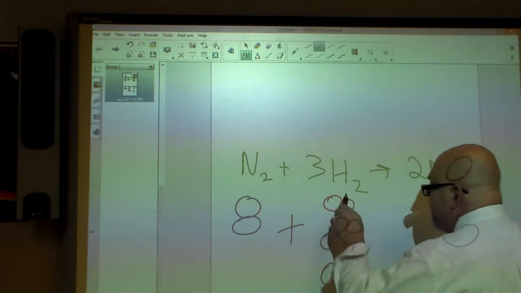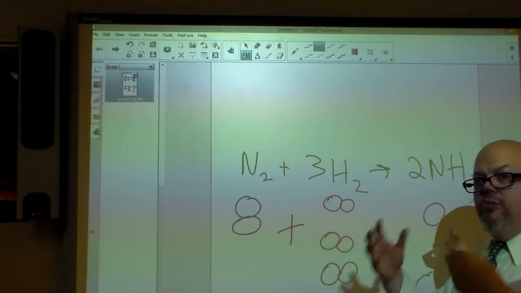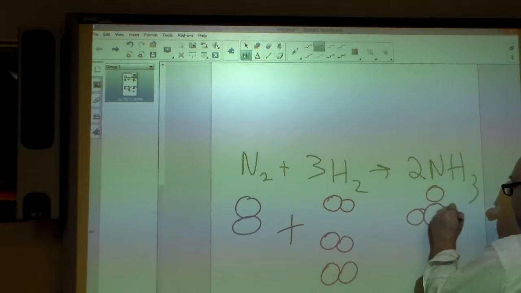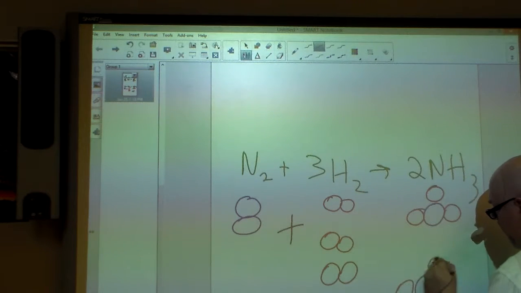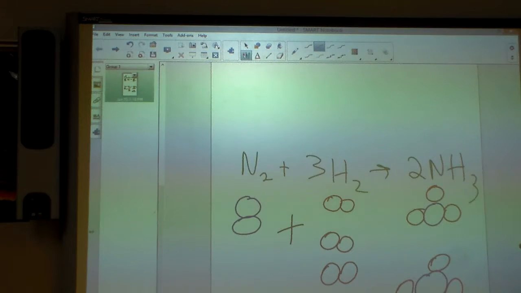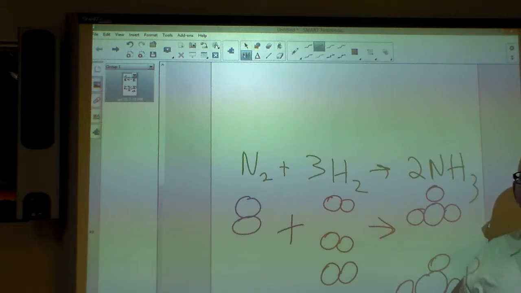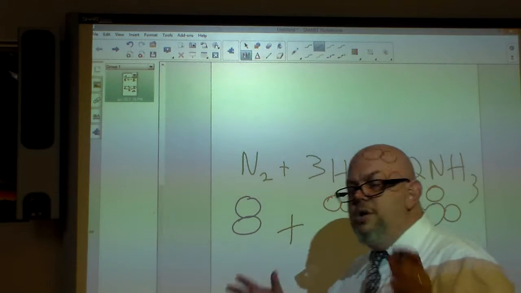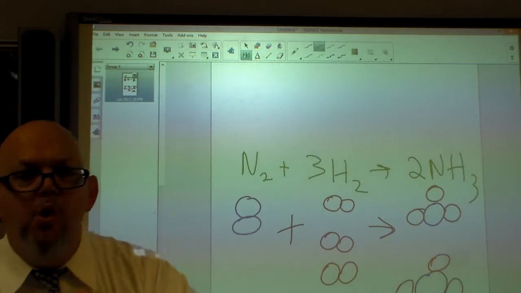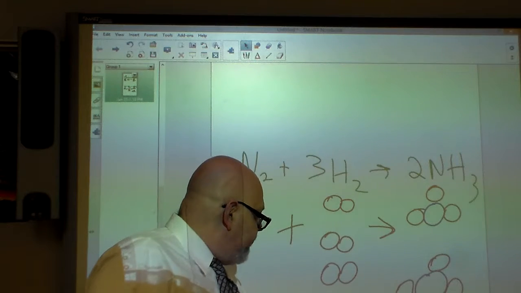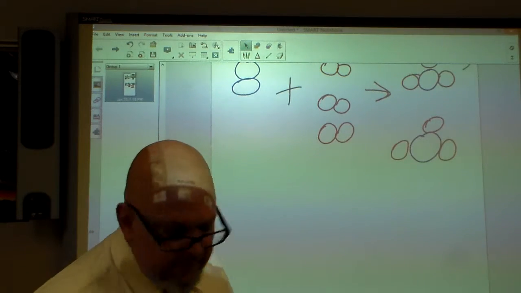And then these hydrogens are also going to break up and line themselves up like this. So this is something that, like I said, is definitely going to appear on the AP exam. No questions about that.